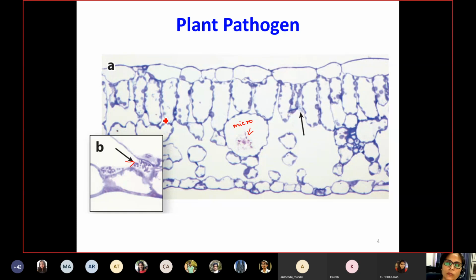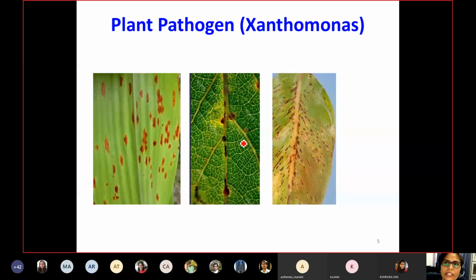So basically, you have stomata, which is responsible for carbon dioxide uptake for photosynthesis. But these openings are enough for infection by these kinds of gram-negative bacteria. Now, after infection, actually they make these kinds of spots. For example, what you see here are the black spots, or they are able to make streak marks, as you can see here.